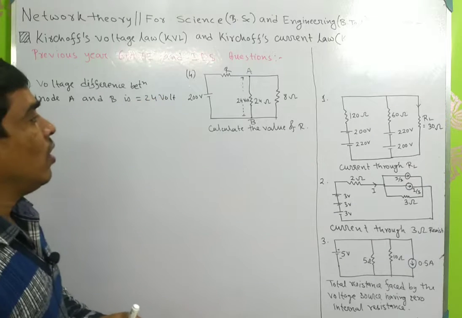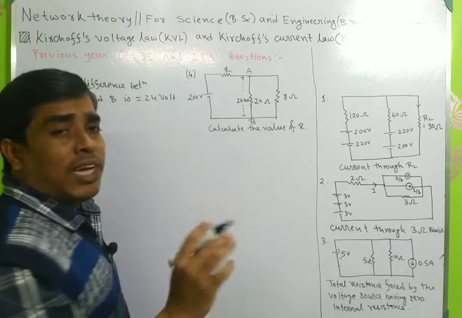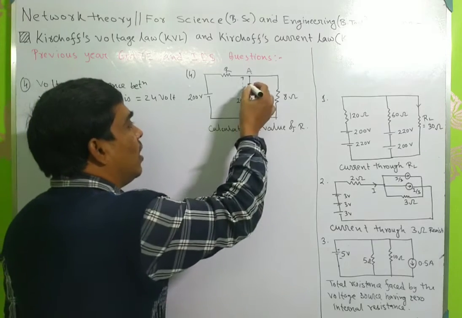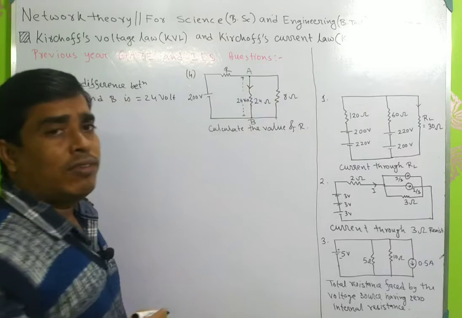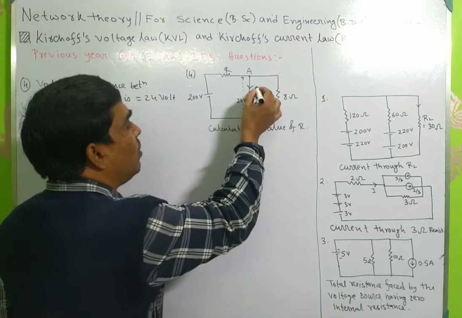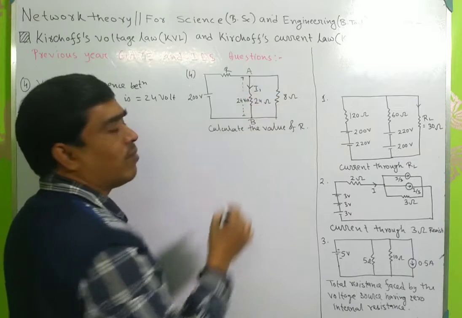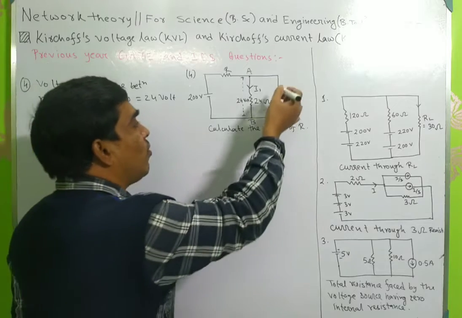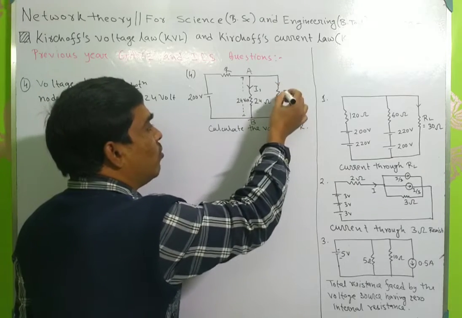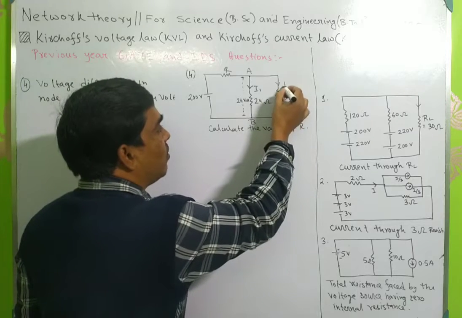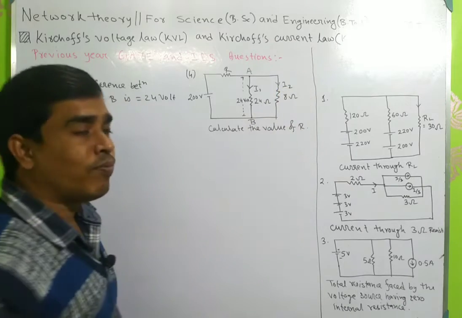Okay, so we can calculate the current through this 24 ohm resistance. Suppose this current is I1, and we can also calculate the current through the 8 ohm resistance. So suppose this is I2.